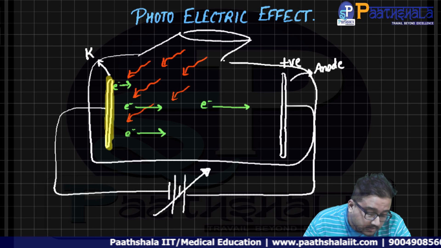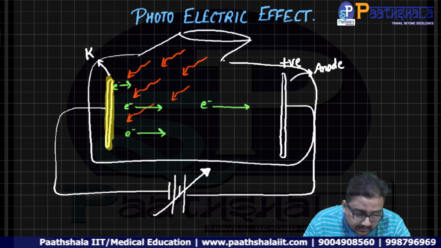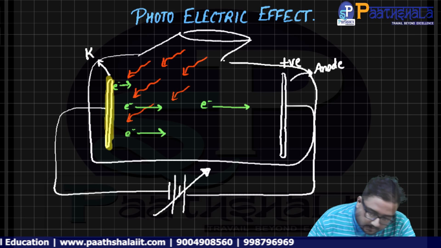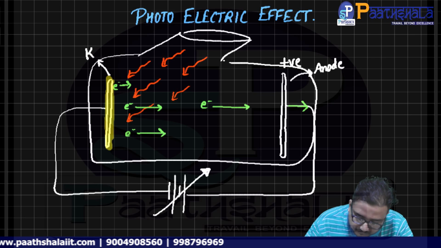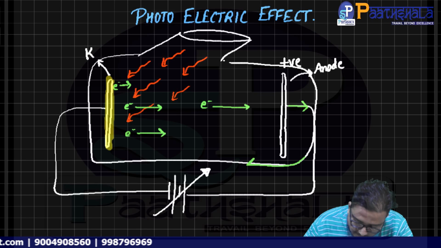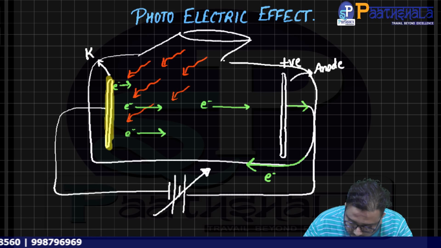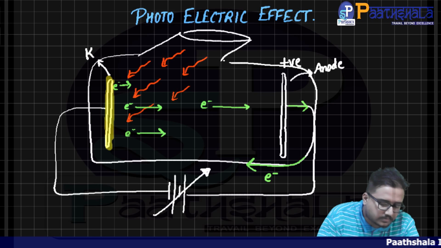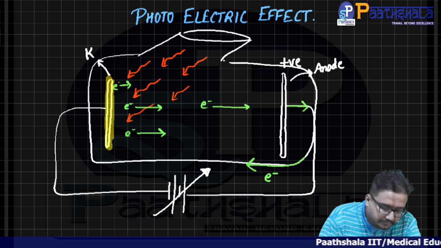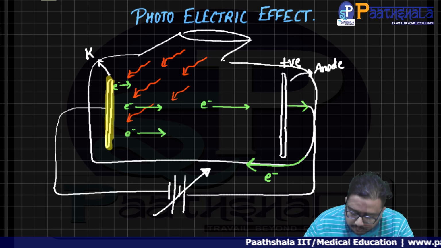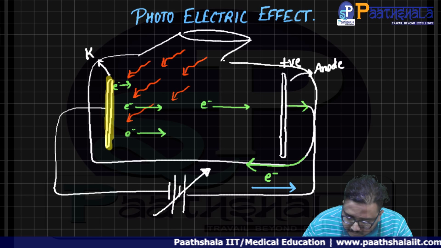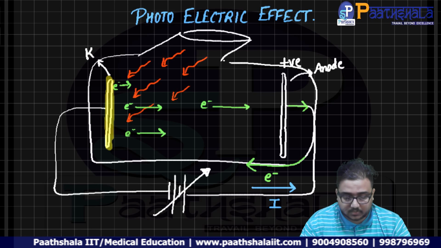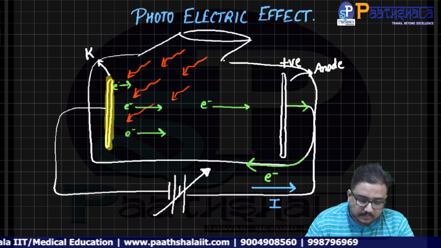So once the electrons are emitted from the cathode, they will go towards the anode, and then via the anode they will travel inside the circuit as shown. So the green arrow represents the direction of travel of the electrons, and the blue arrow shows the direction of travel of conventional current. Let's move on to the next page.